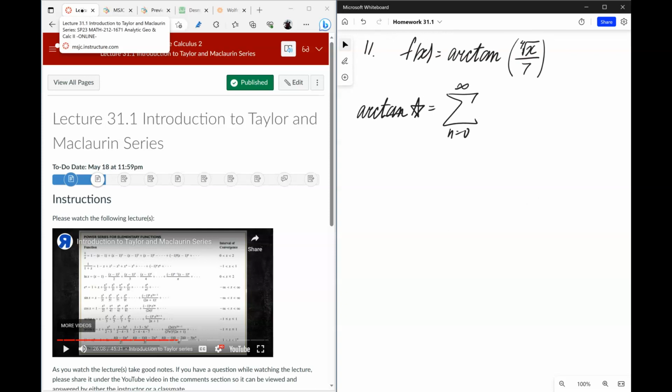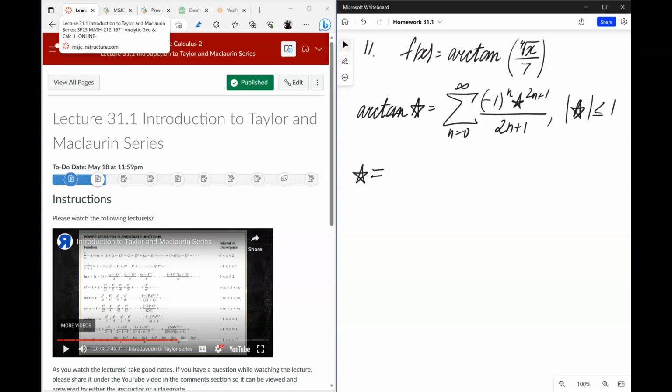So I'm just going to write it here. Negative 1 to the n x to the power 2n plus 1 over 2n plus 1. This only makes sense when the following inequality is satisfied.